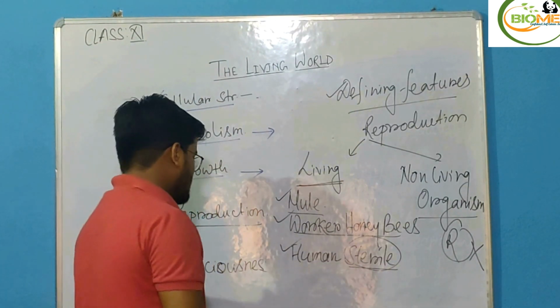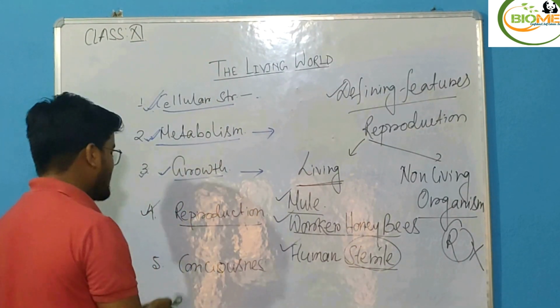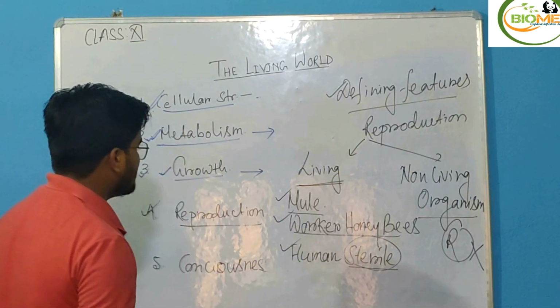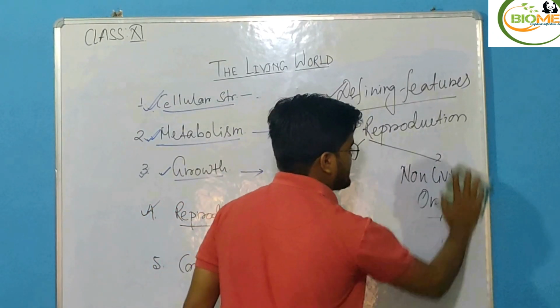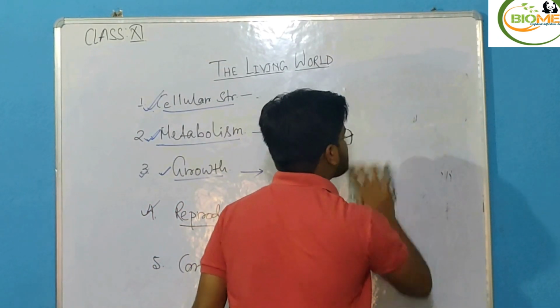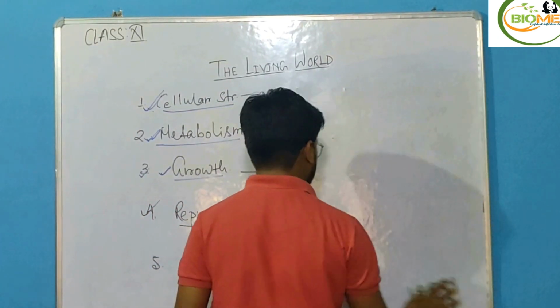Okay, clear? So let's move to the next and last point of the characteristics of living beings, that is consciousness. What is consciousness? This is also a most important point.